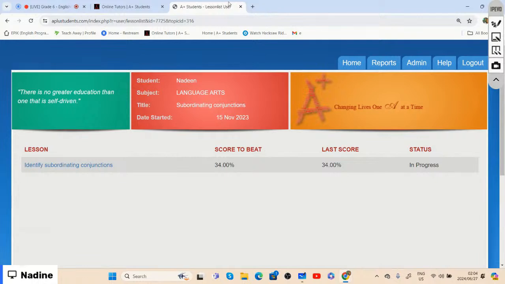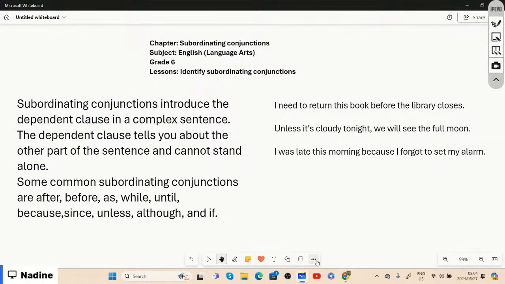All right. So our chapter is subordinating conjunction. Our subject is English language arts, grade 6. And the lesson that we are going to be focusing on is to identify subordinating conjunctions.